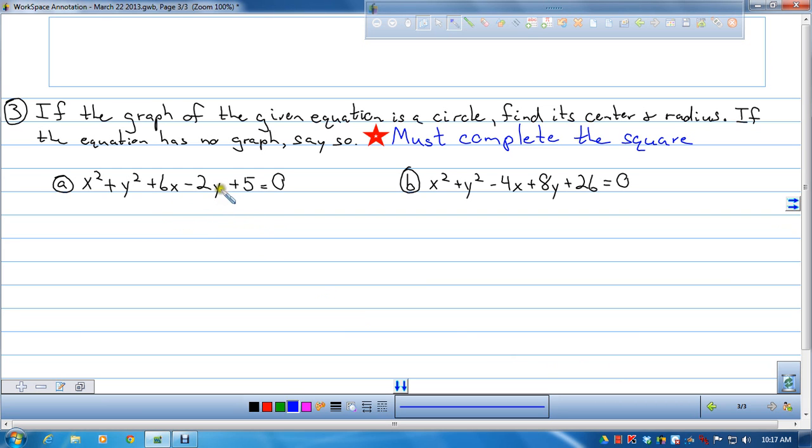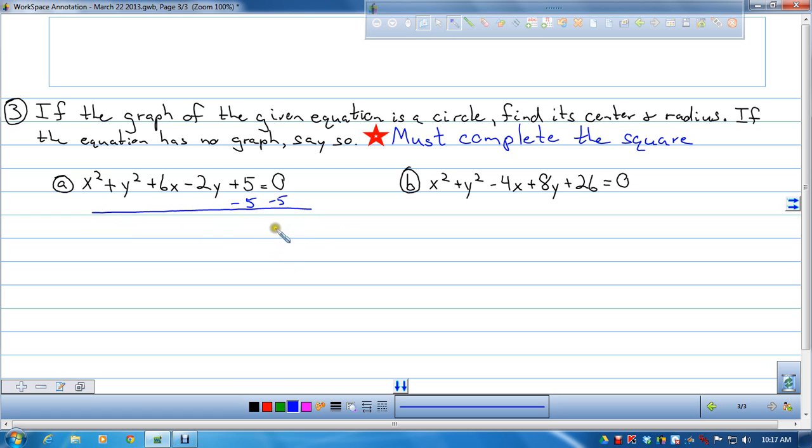So, the first thing is we notice we have an x squared and an x, a y squared and a y. So what I want to do is get those alone and move this over here. So subtract 5 from both sides.